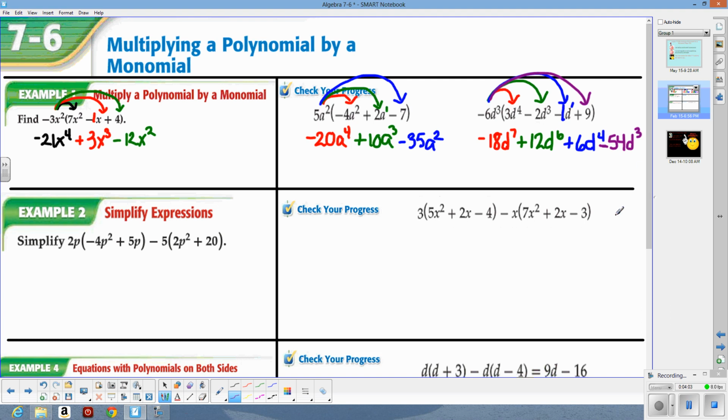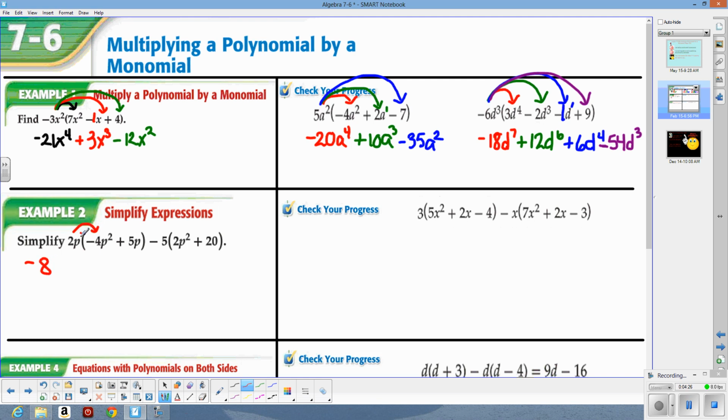All right, in example 2, we're just going to do that multiple times and simplify the expression if needed after that. So let's start with this part right here. So 2p times a negative 4p squared. 2 times negative 4 is negative 8.